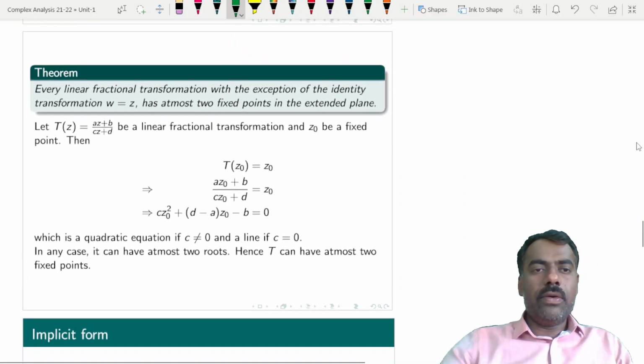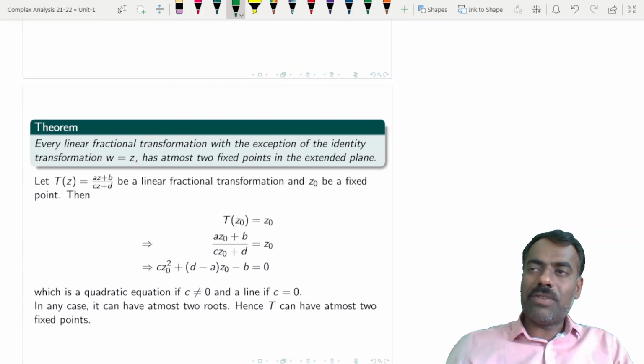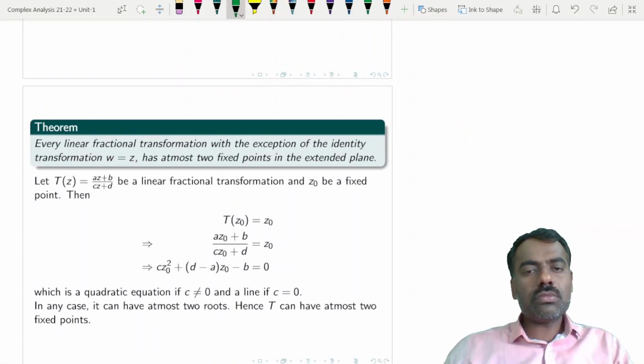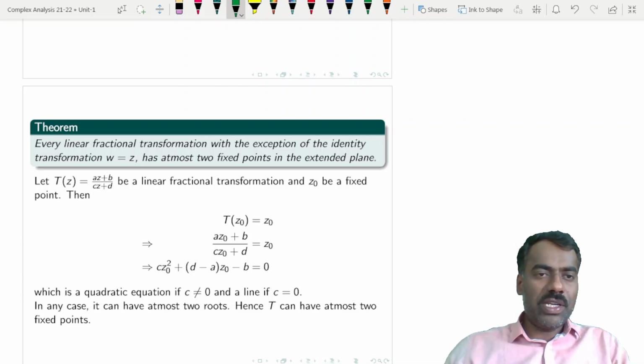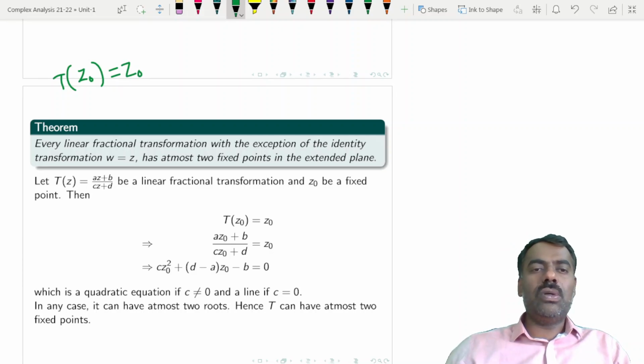Fine. Now, another result about linear fractional transformations is that it can have at most two fixed points. What is meant by a fixed point? A point z0 is said to be a fixed point if that point under the transformation maps to the same point. T of z0 is equal to z0, then we say that z0 is a fixed point.